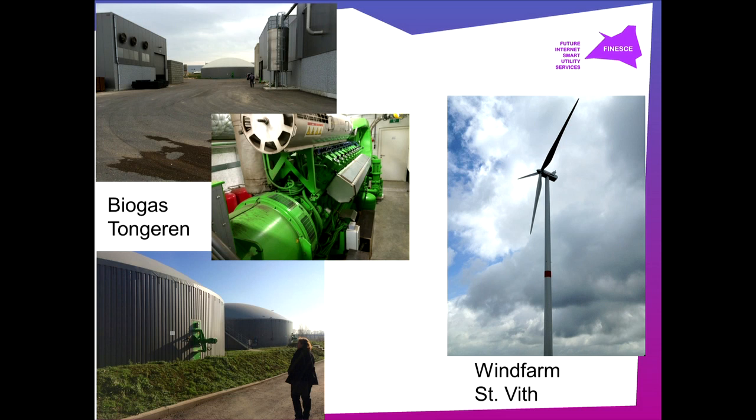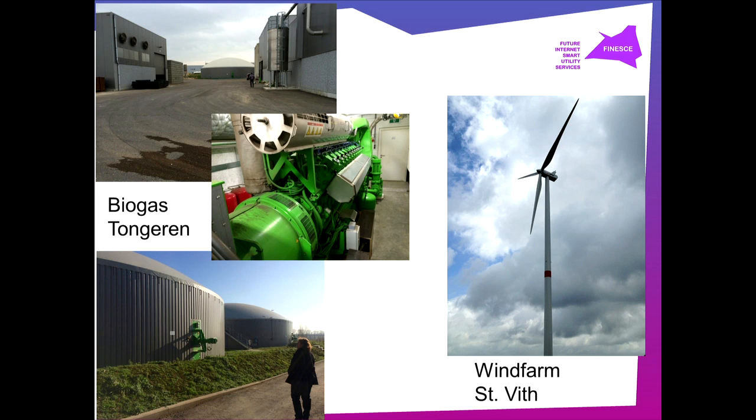Those are the windmills we integrate, and to give you a feeling about biogas, that's a 1.2 megawatt electrical generator shown here, and this biogas plant in Tongeren can drive 2 of these machines. It means you have 2.5 megawatt installed, 364 days per year of electrical power.